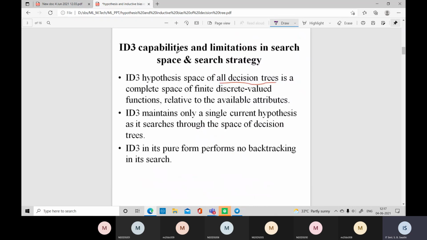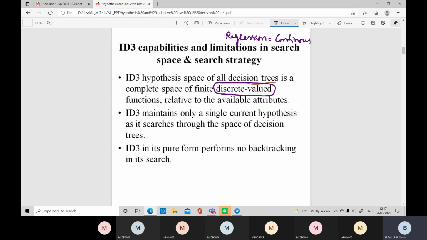And this is about ID3 capabilities and limitations. The ID3 algorithm will work only on discrete values. It never works on continuous values. Normally continuous values are given to regression models, like linear regression, logistic regression, multi-value regression, all of which work on continuous values.